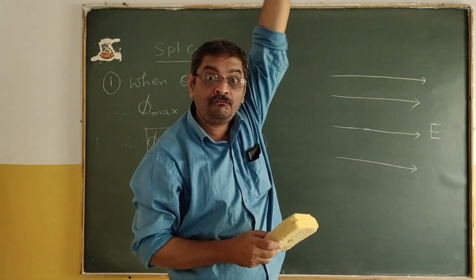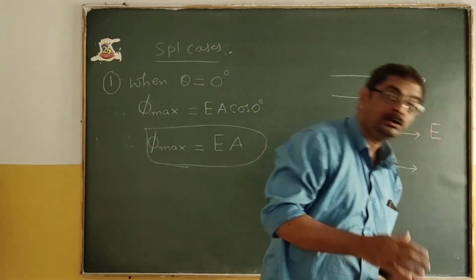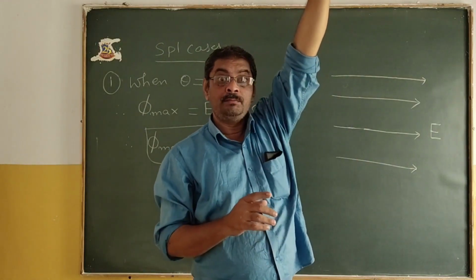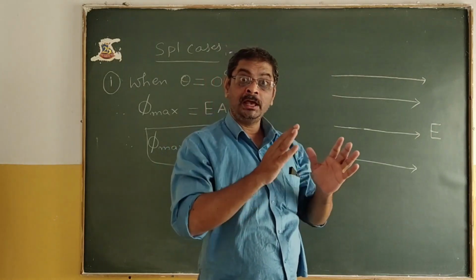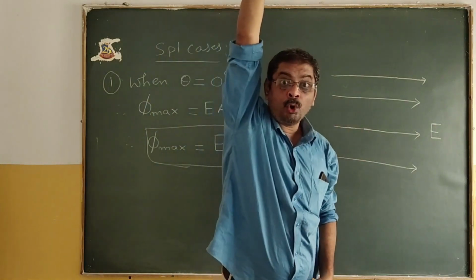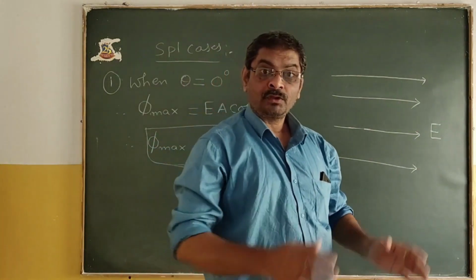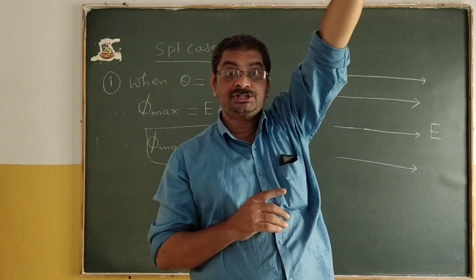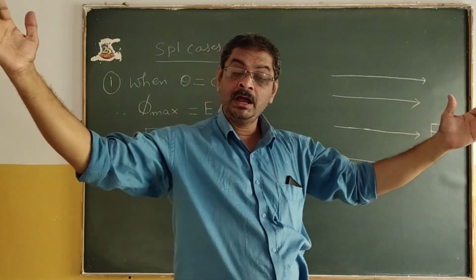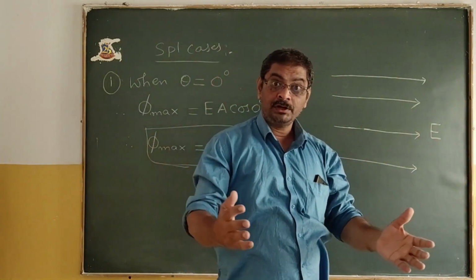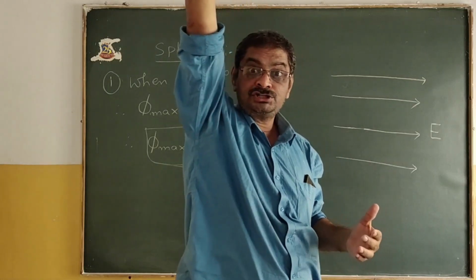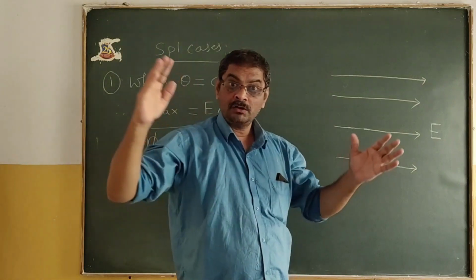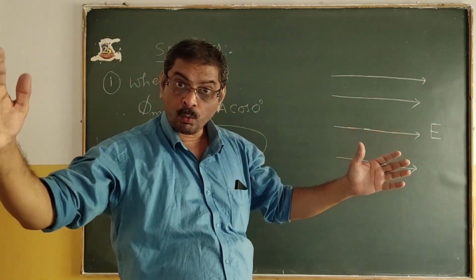So as a result, both the field vector and the area vector will be acting in the same direction, or parallel to each other. That's the reason why the angle between them will become 0 degree, and cos 0 will be numerically equal to 1.